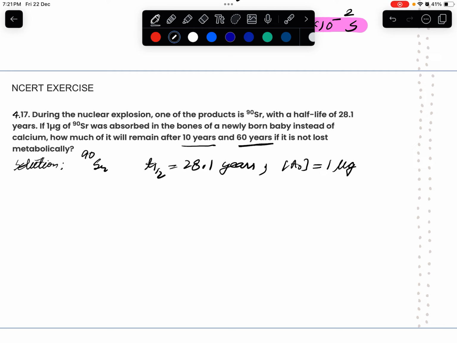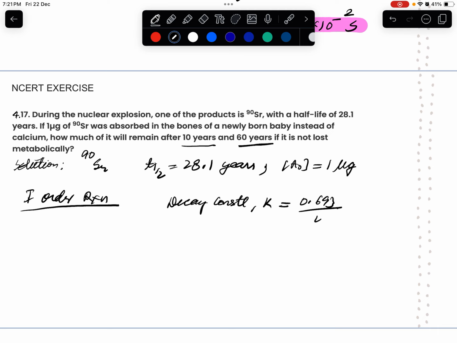So what we can do, first order reaction, because it is radioactive decay. So we can find out decay constant, which is K, and this is equal to 0.693 divided by T half.